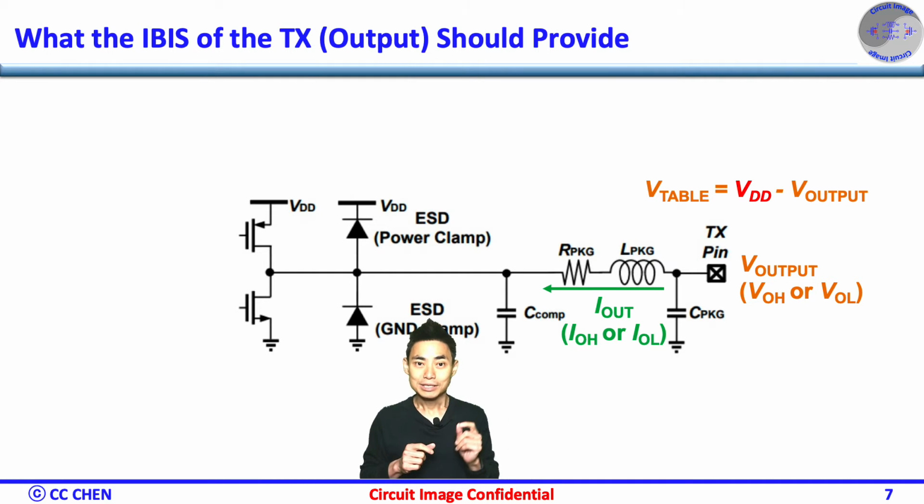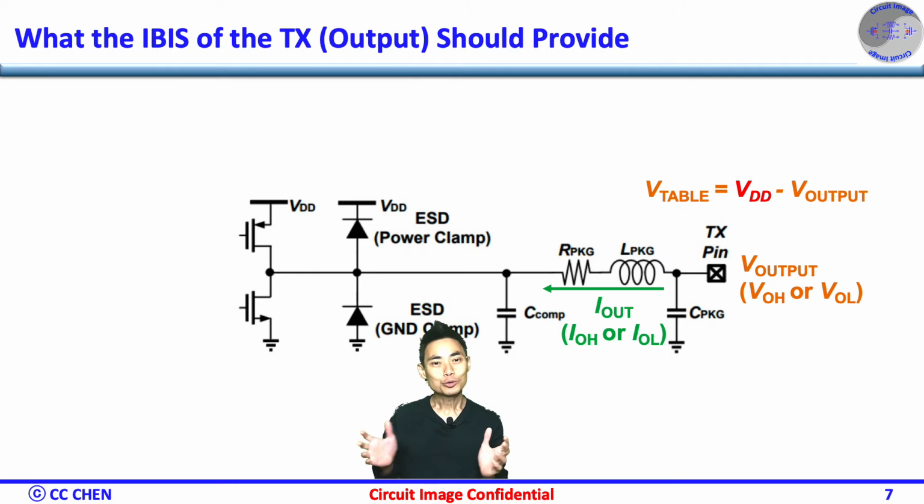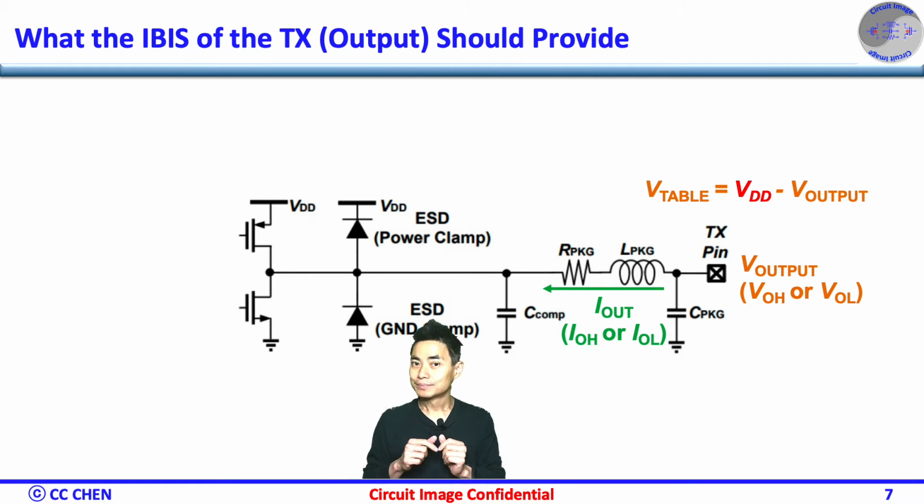To capture the switching behaviors, we could create a slow IBIS and a fast IBIS model, respectively. For example, to make the slow IBIS model, we can combine minimum IOH, IOL with maximum ramp time and maximum package parameters.